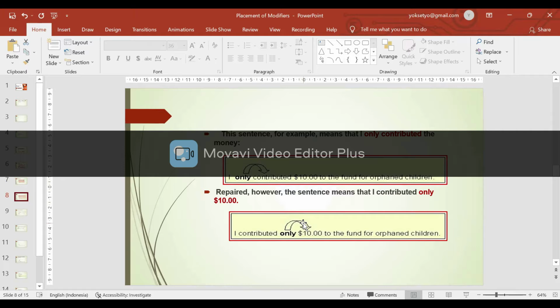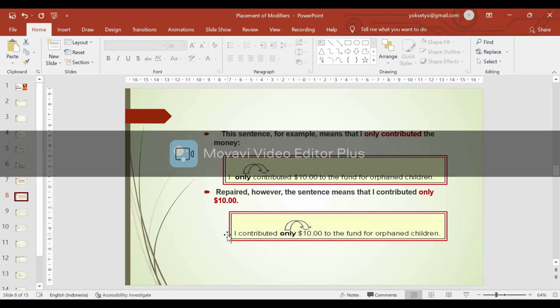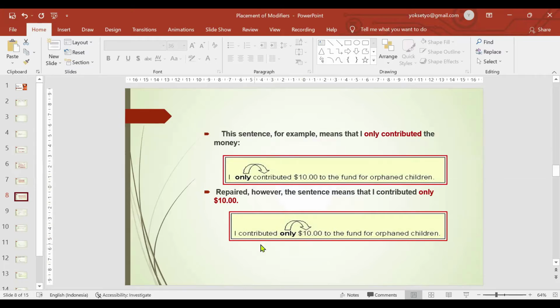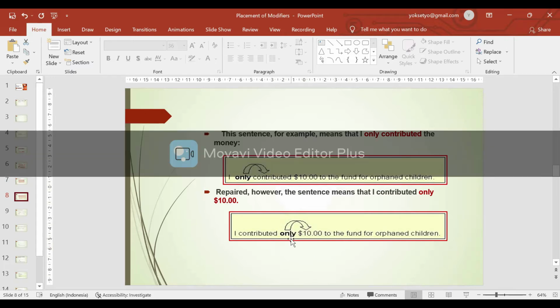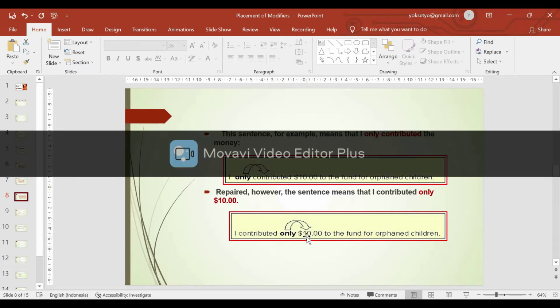So you have to correct it in the right sentence: I contributed only $10 to the fund for orphan children. So you see that only modifies $10. Yeah, only $10, not only contributed.